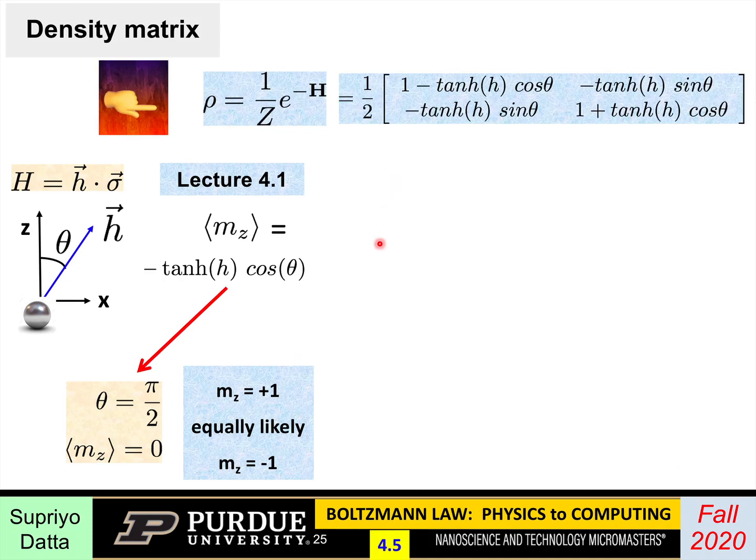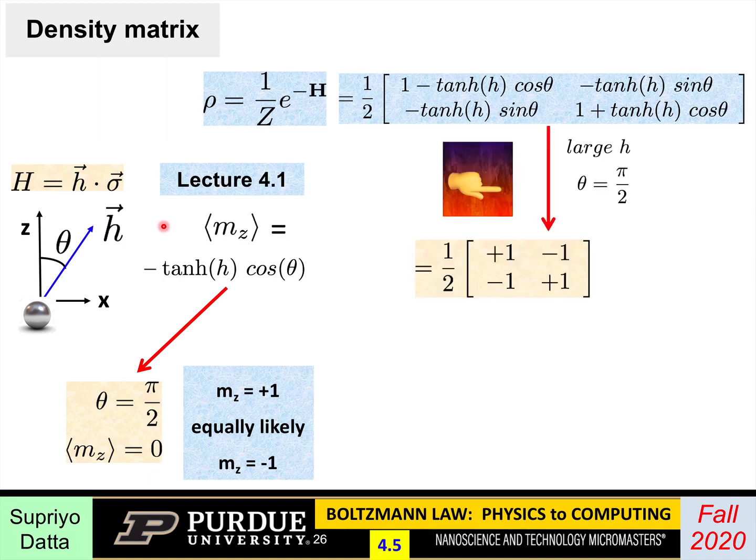Now, why the h in the x direction makes these up and down equally likely, you can get a little more insight if you actually go from density matrices to wave functions, which is not always possible, and in the next week we'll discuss this much more.